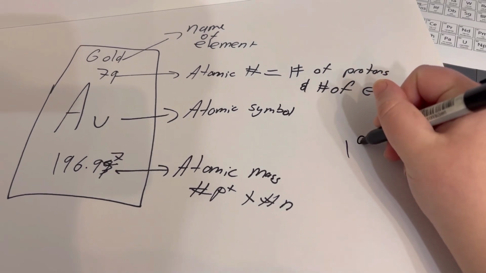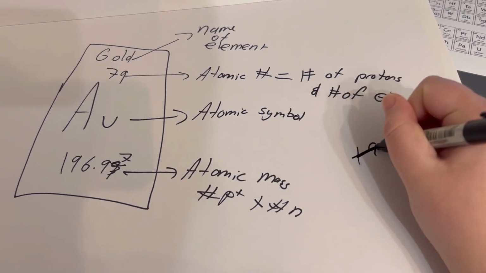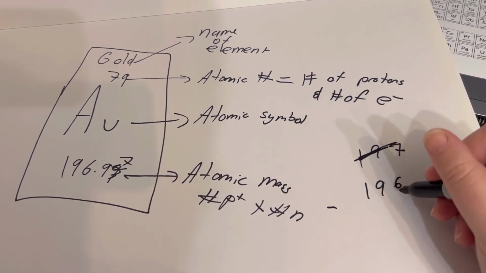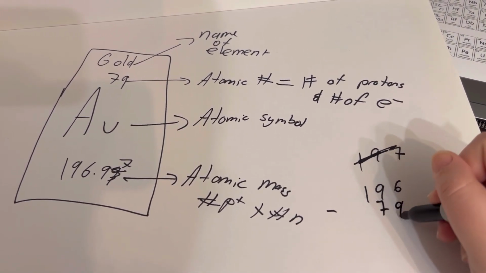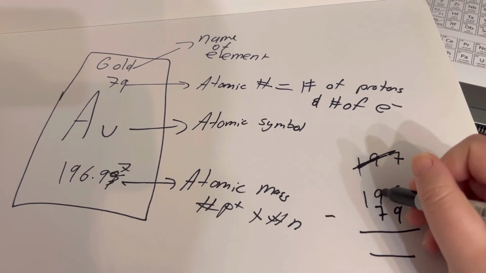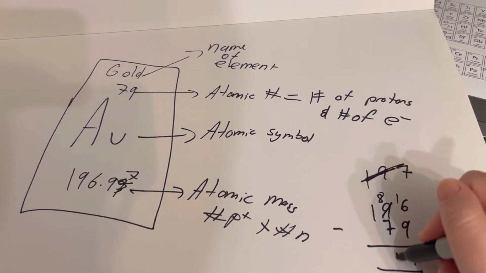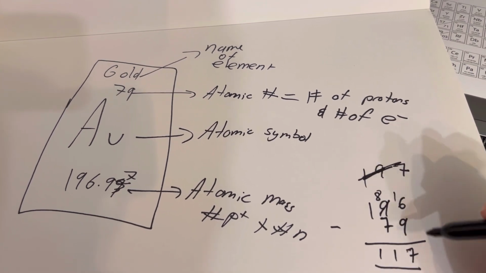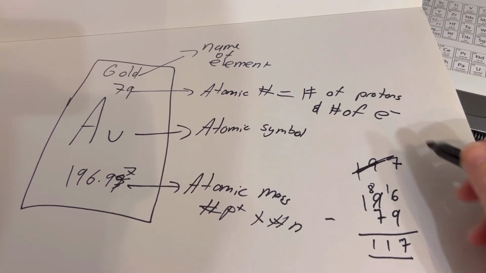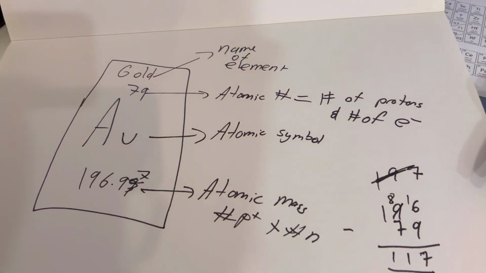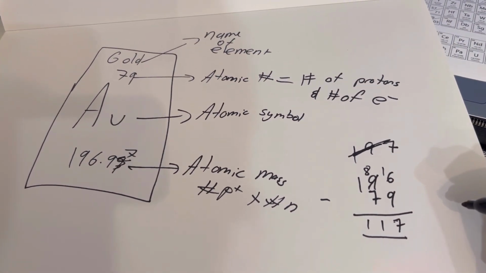So that would be 196 take 79. Okay, I'm sure you all know how to do this math. So the number of neutrons is 117 neutrons in gold, right?